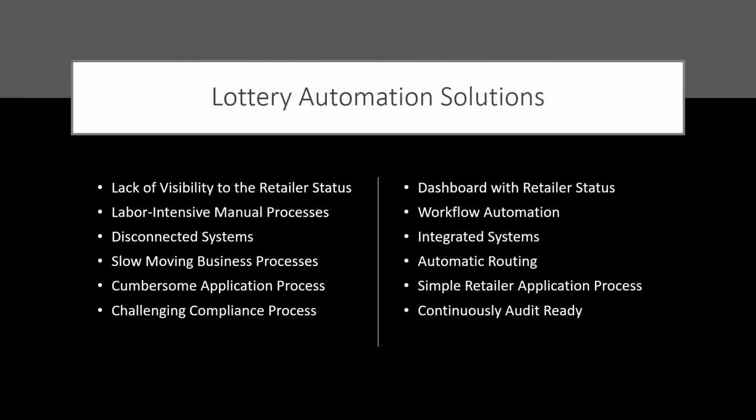For those challenges that we discussed earlier, we now have solutions. A dashboard with end-to-end visibility, workflow automation to automate manual tasks, integrated systems sharing data, automatic routing, getting the transactions to the appropriate people for approvals, a simple retailer application process, and continuously audit-ready process.